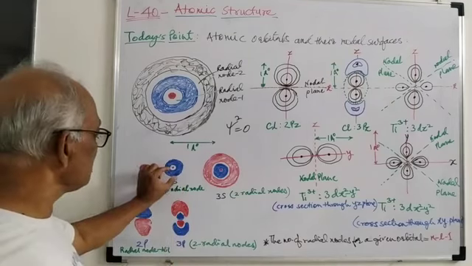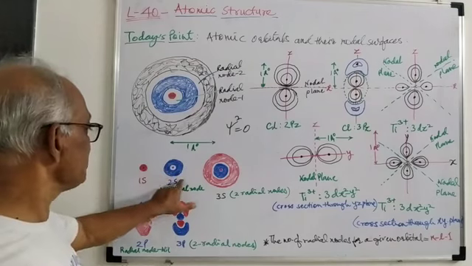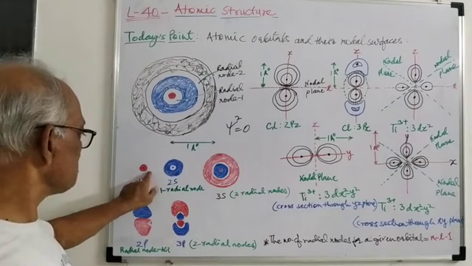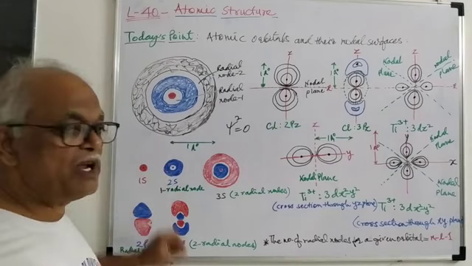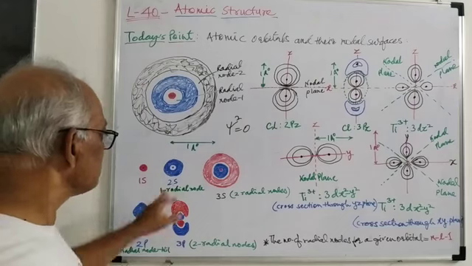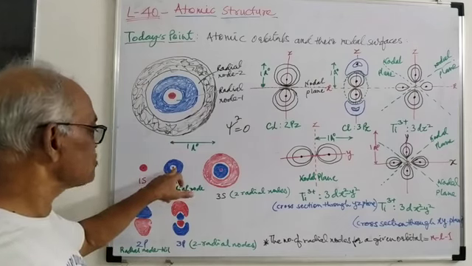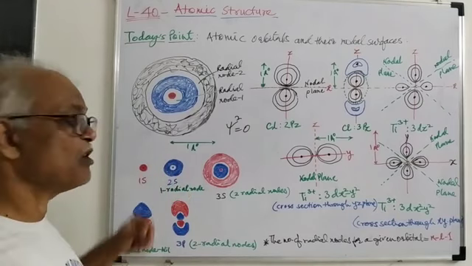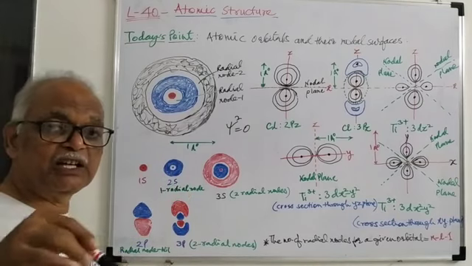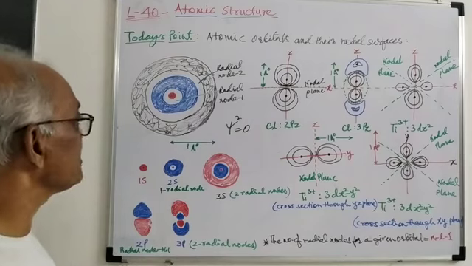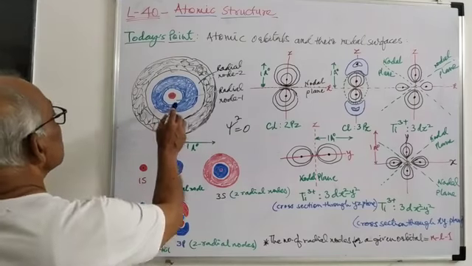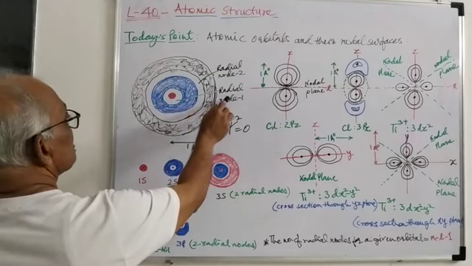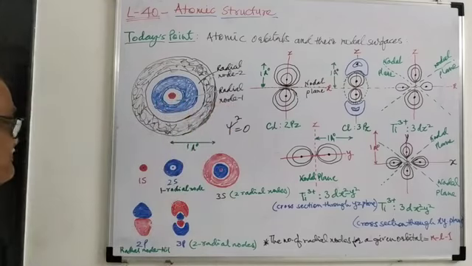Compared to the space occupied by 2s, the space occupied by 1s has some empty, vacant space, shown here in white color. That is called the radial spherical node. So this is called radial node number 1.